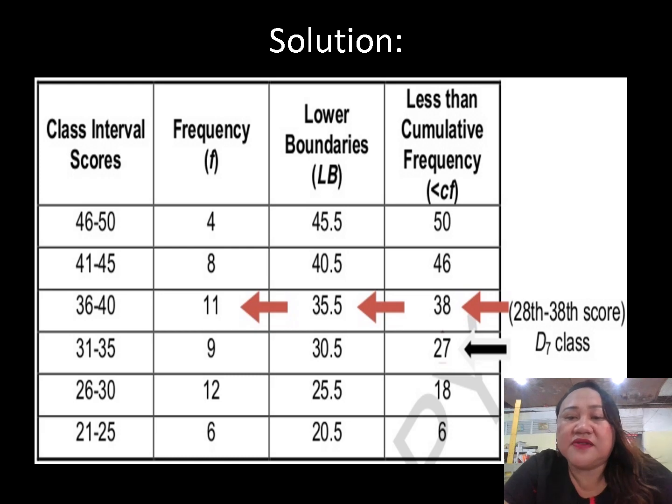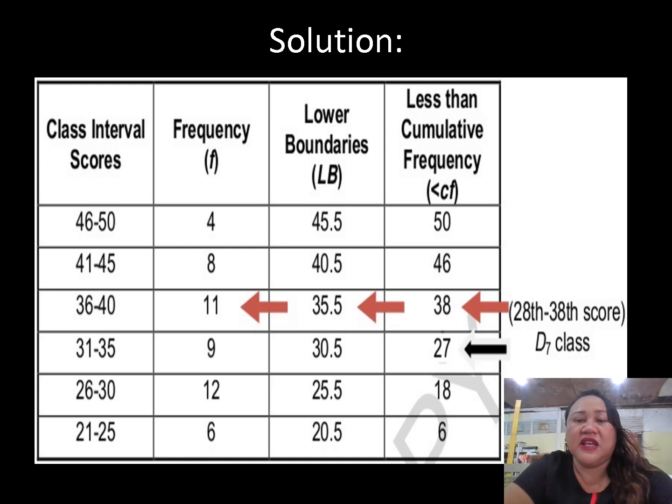Then we have the less than cumulative frequency. You will get that through the total of the frequencies, so we are going to add these up. 4 plus 8 is 12, plus 11 is 23. Then 23 plus 9 plus 12 plus 6 is 50. That totals to 50, so you write it there.